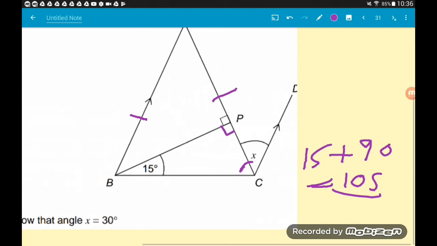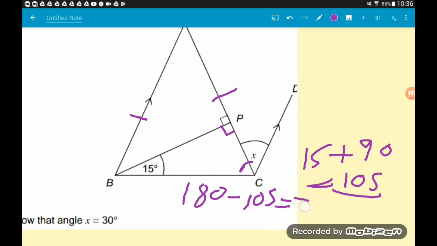So this angle down here is 180 minus 105, which is 75 degrees. So that angle is 75 degrees.